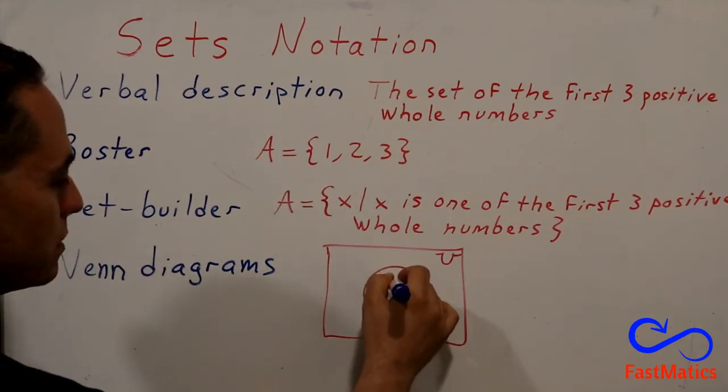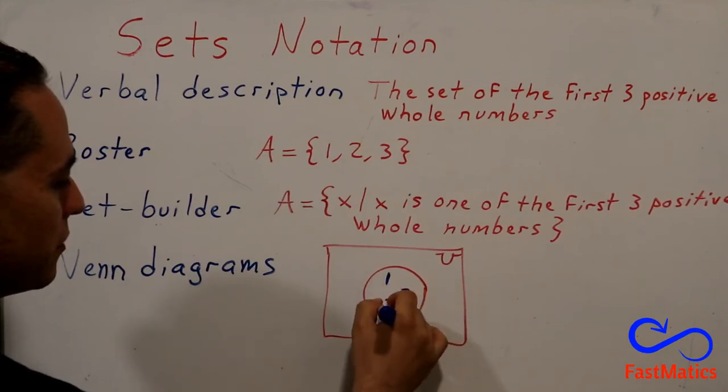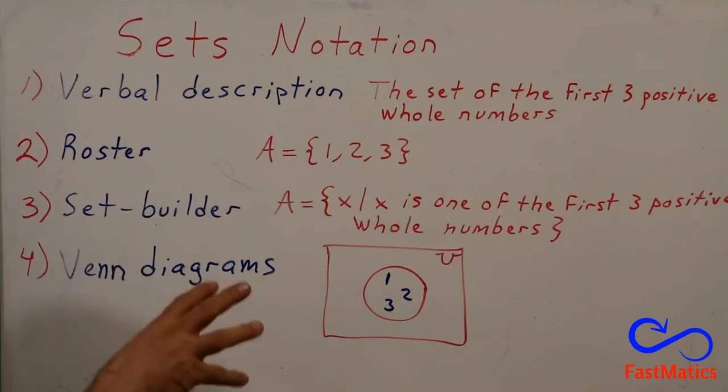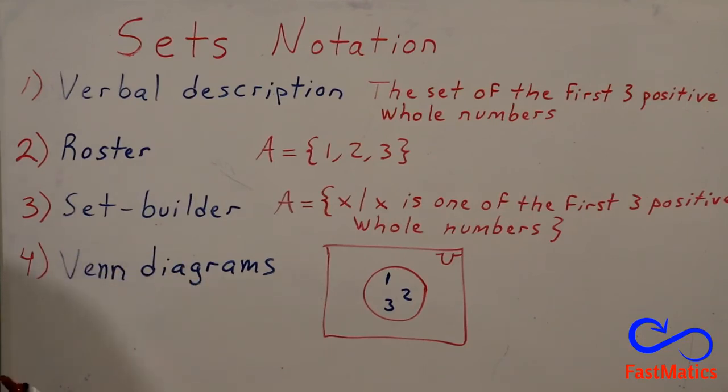For instance, 1, 2, and 3. If we have one set, well, we use only one circle. But if we have 2 or 3, we can draw those circles and also overlap that kind of drawings.